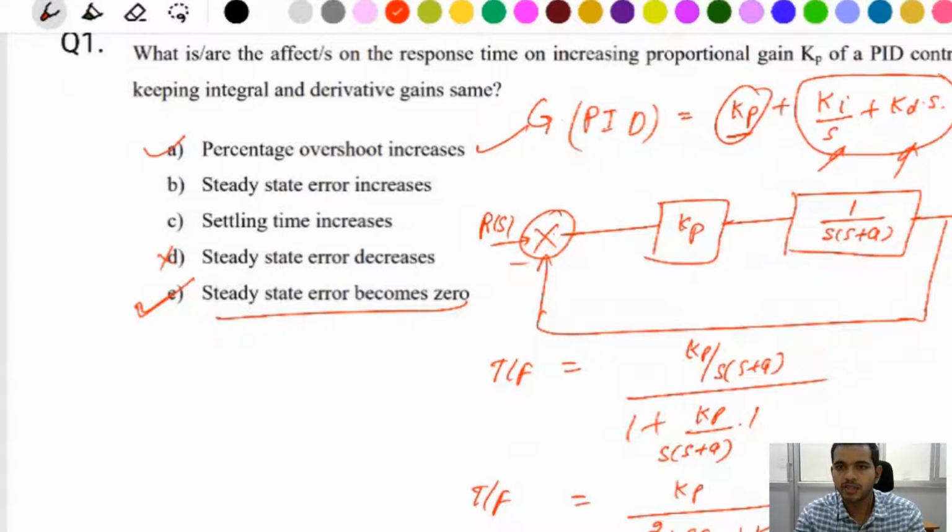You define the reference signal and compare it to the output signal, and it will try to go to 0. That's why it oscillates at a point, because the integrator has value memory. It compares the previous value to the present value and oscillates at that point. That's why settling time will increase. This option is also correct.